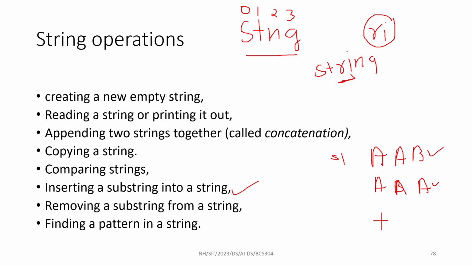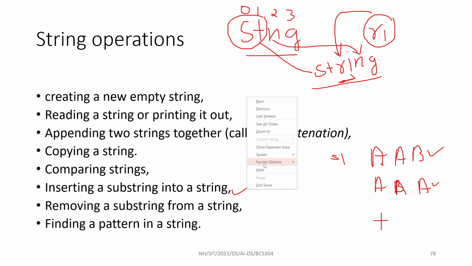Here three different functions come into the picture. Suppose this is the final string. I have to copy these two to here. Then I have to perform the insertion operation. Then I have to append this one. So these are the different operations that come into the picture in case of insertion.